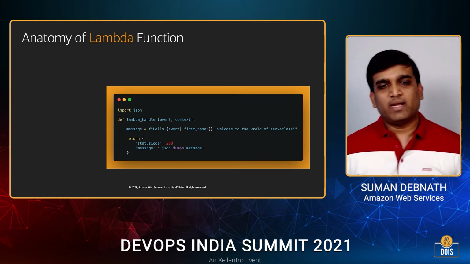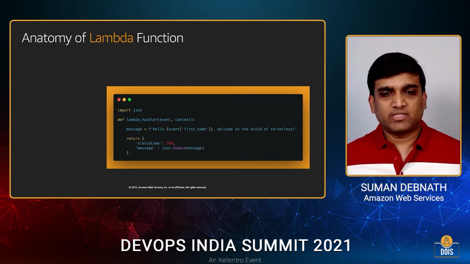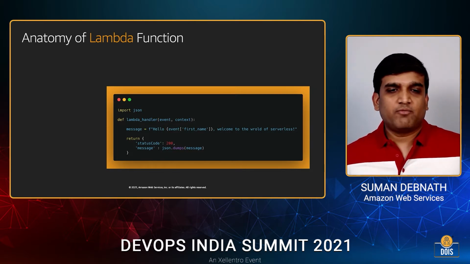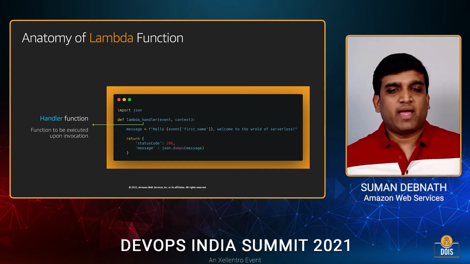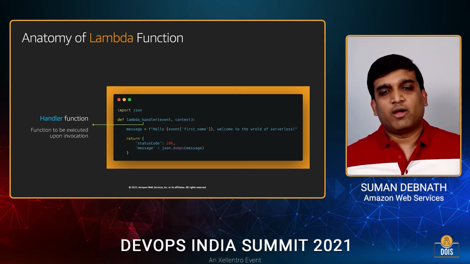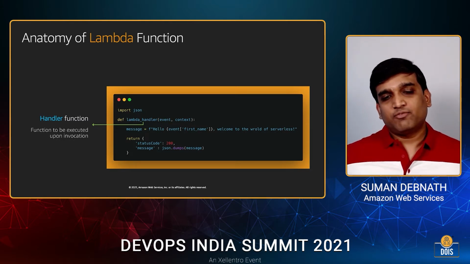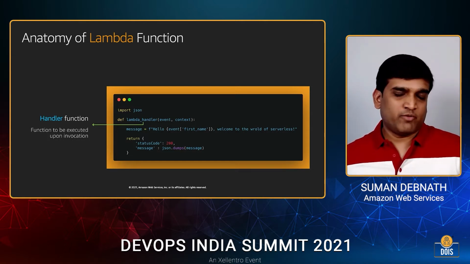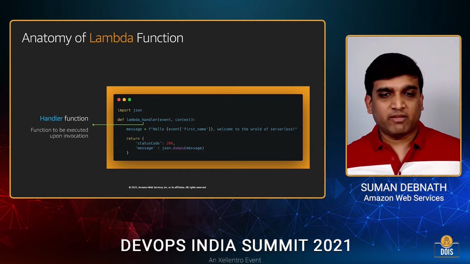Now, this is how a Lambda function typically looks. This is an example in Python, but the definition remains the same for any of the other runtimes. You will have one function called the handler function, and this function takes 2 arguments. It is the function which gets triggered whenever there is a trigger from an event.